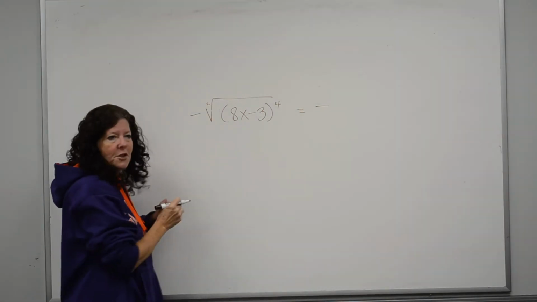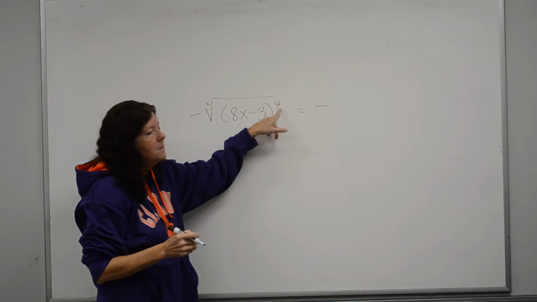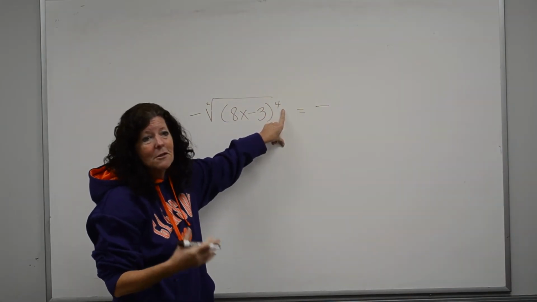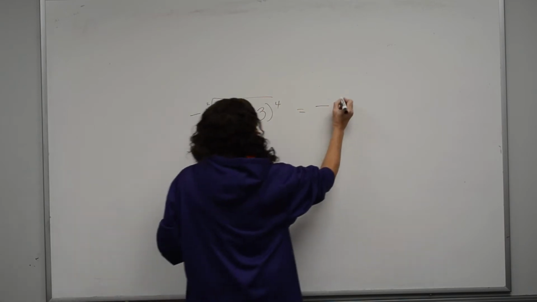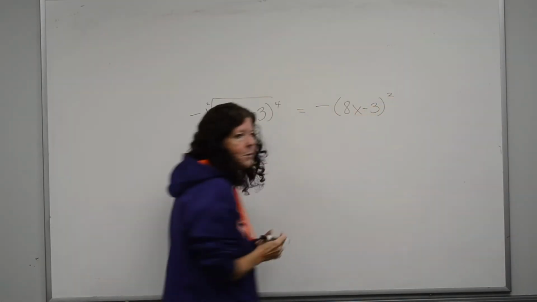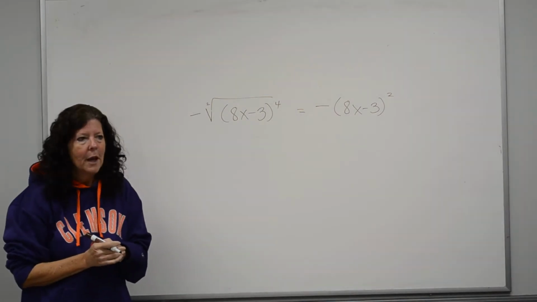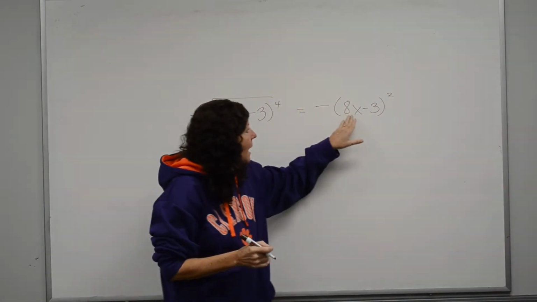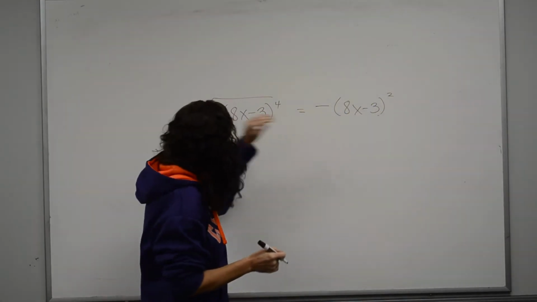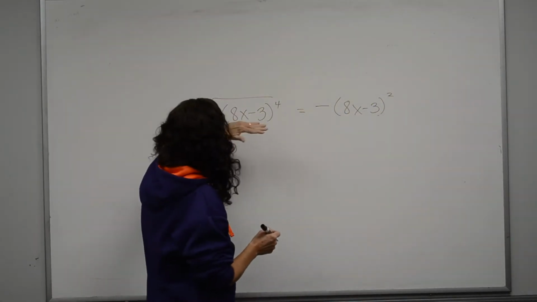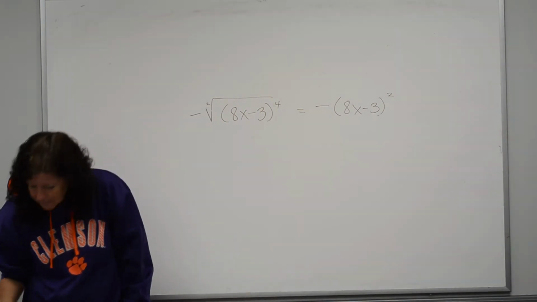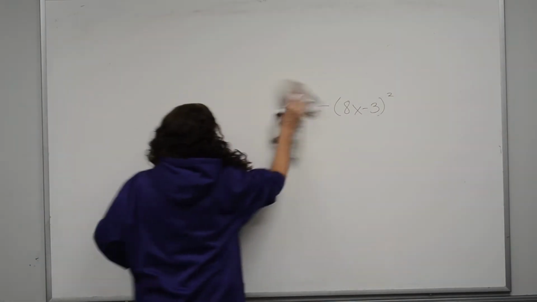Remember, there's an understood 2 there. 2 times what comes close to the 4 without going over it? 2 times 2, and it comes out even. So then it's 8x minus 3 squared. Because 8x minus 3 squared times 8x minus 3 squared is going to give me to the 4th, right? Okay.